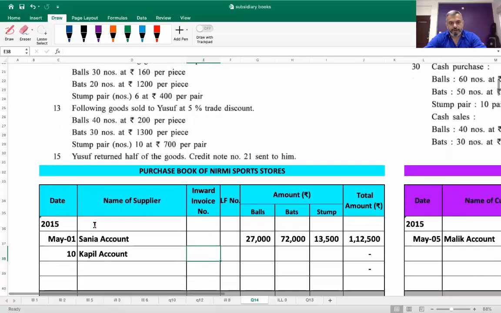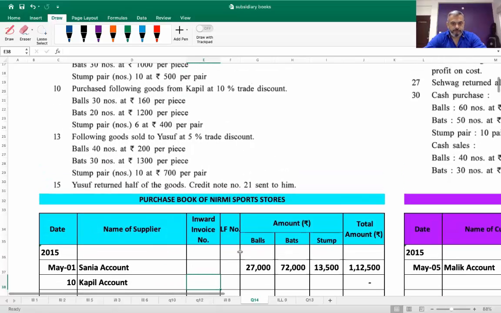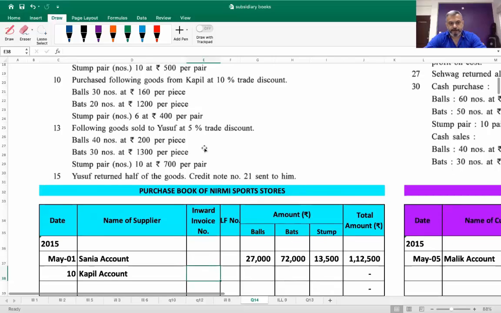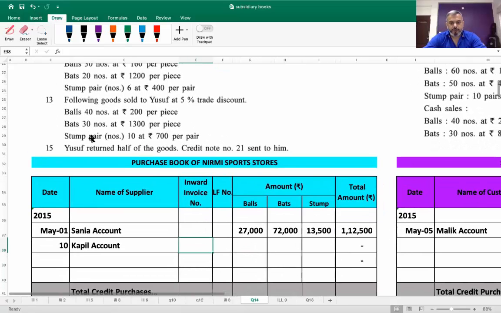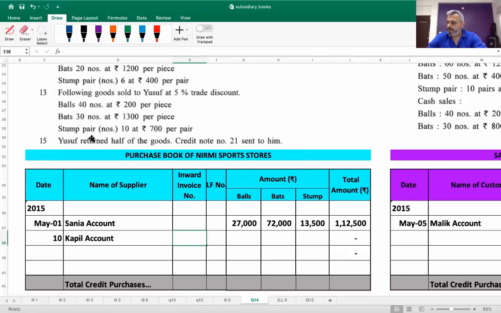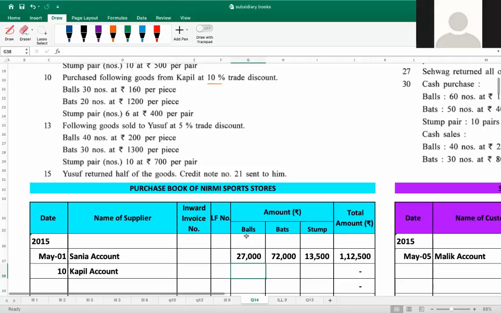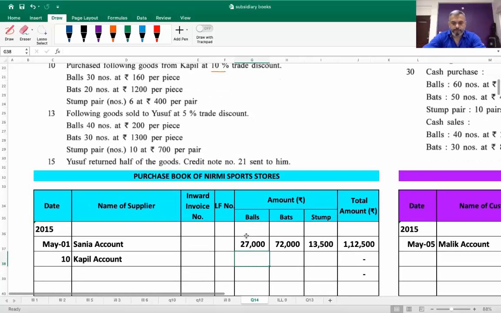Bill number not given. Trade discount 10%. Underline the 10%. Now 30 into 160, 4800 minus 10%, 4320.